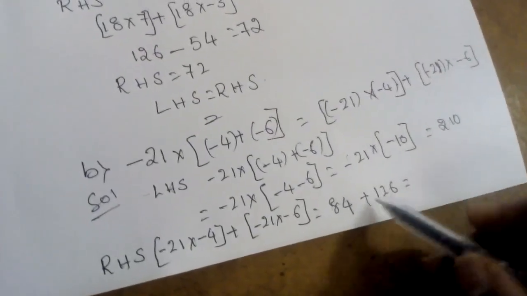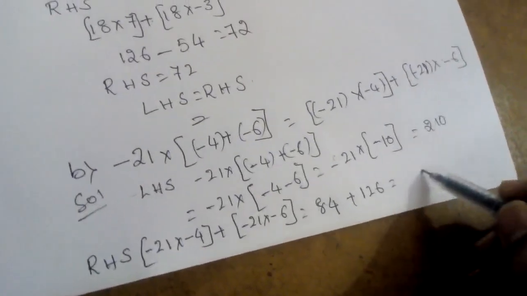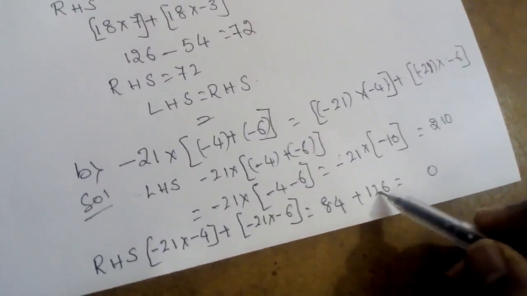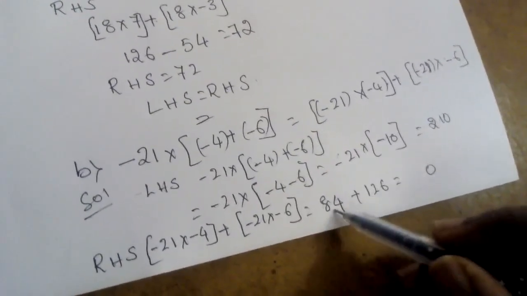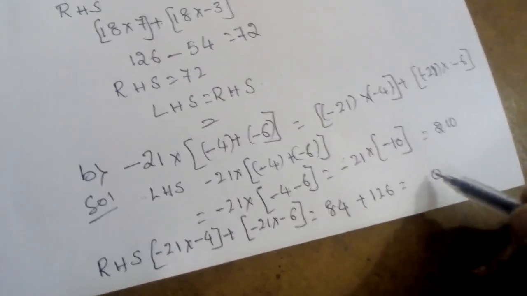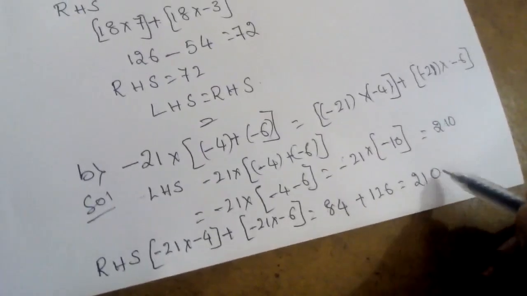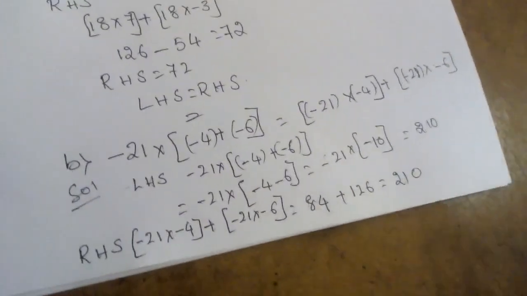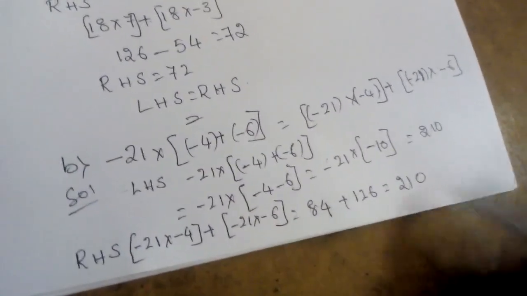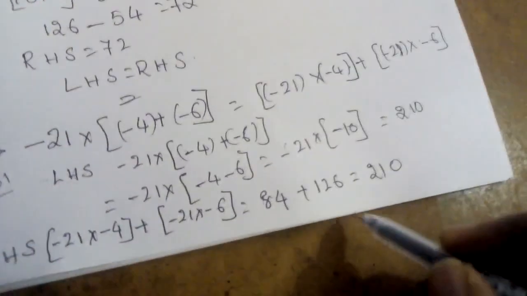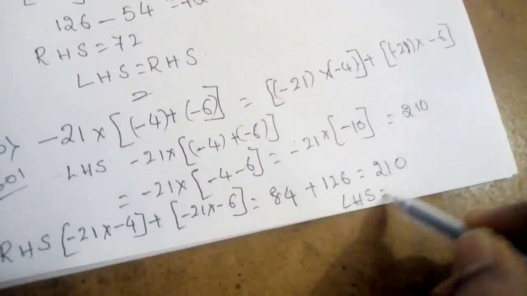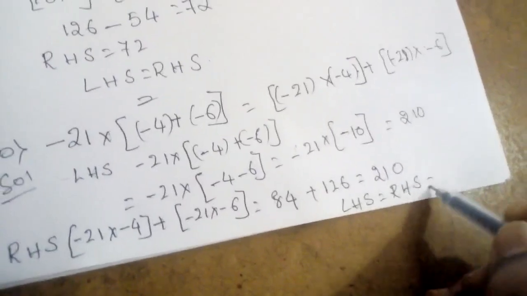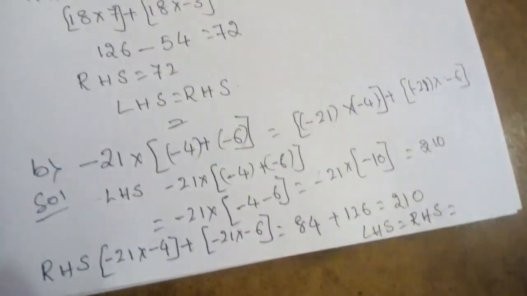Go to addition: 4 plus 6 is 10, 1 carrying, then 2 plus 1 and so on, so we get 210. So RHS and LHS both are equal, so LHS equals RHS.